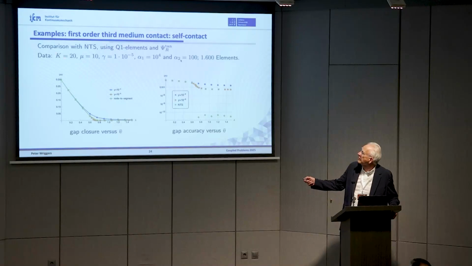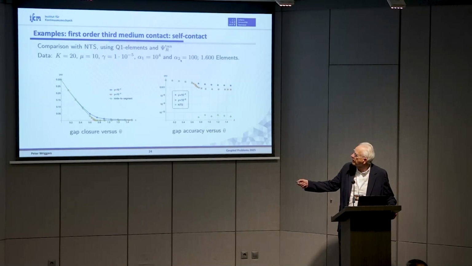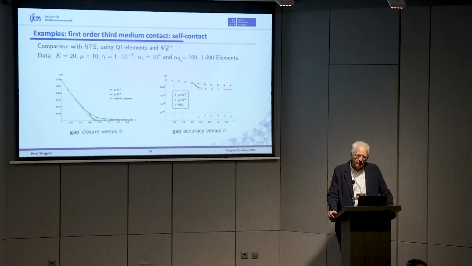Here was a comparison with classical finite elements, node to segment elements, for this problem. What you can see here is that with a larger gamma, you approach the gap being 0 much better, but with a small gamma you are not really correctly getting the contact problem.